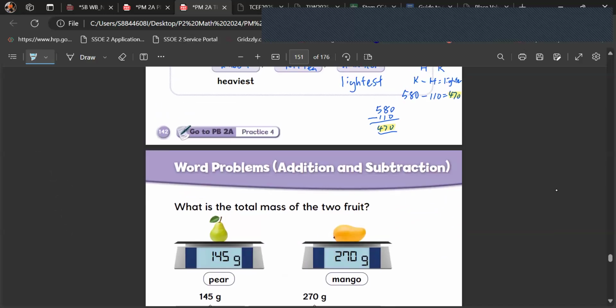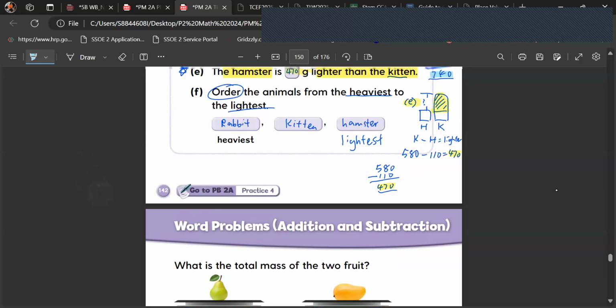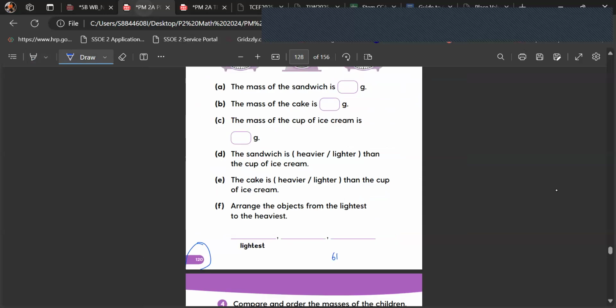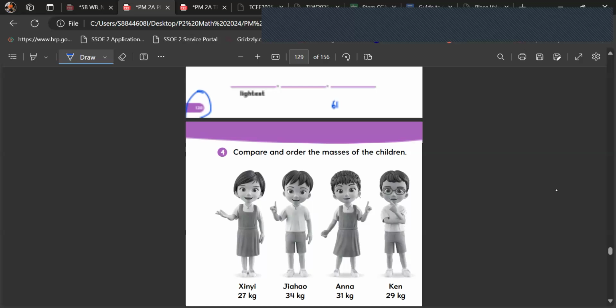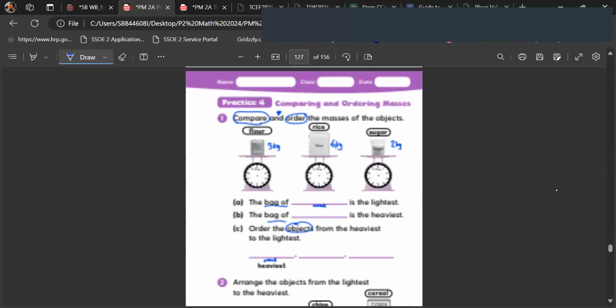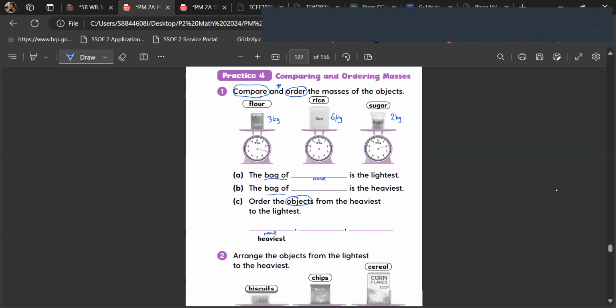So let's check. Before we go into the addition and subtraction part, let's take a look at our practice worksheet. Previously we wrote down the measurements, right? Was this difficult? Have you already finished this? Can we check your homework now?